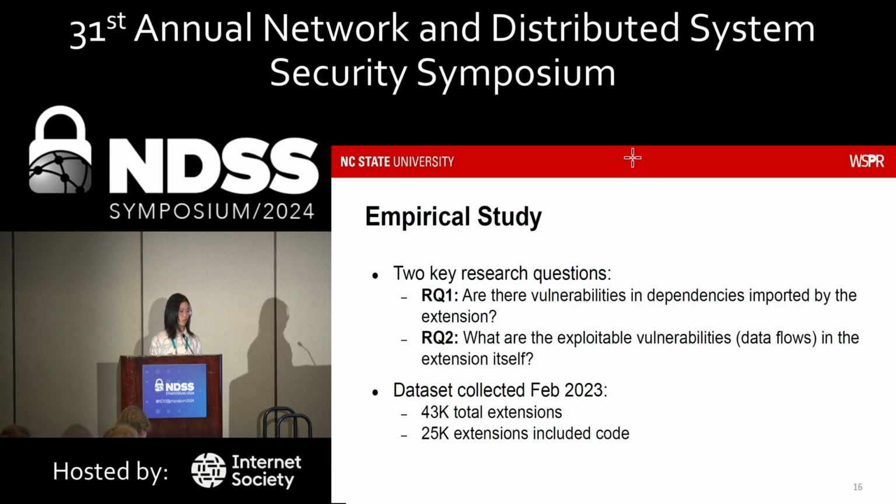So we went through the methods and how we're trying to find vulnerabilities. Let's take a step back and look at our 2 key research questions. The first one relates to the software supply chain of this ecosystem: are there any vulnerabilities in the imported dependencies? And the second question we're trying to answer is, are there any vulnerabilities in the extension itself?